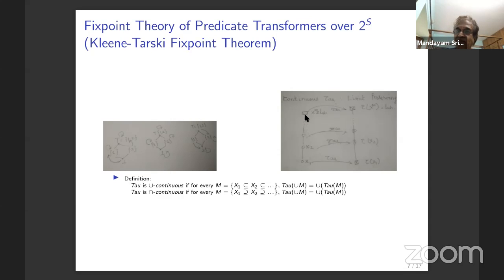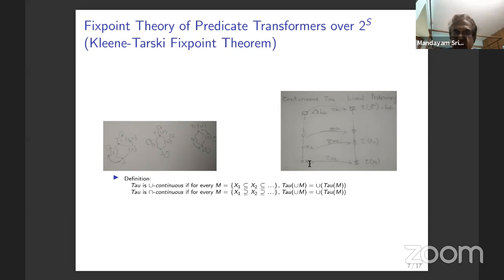That is the least upper bound of this chain. Because if it's a chain, then the union of all these sets is the limit.